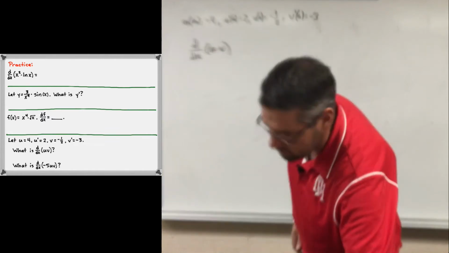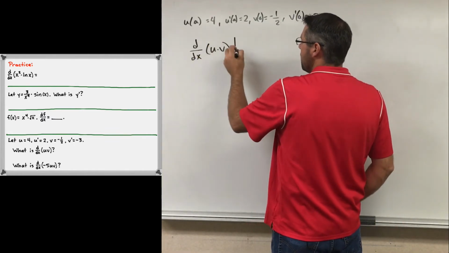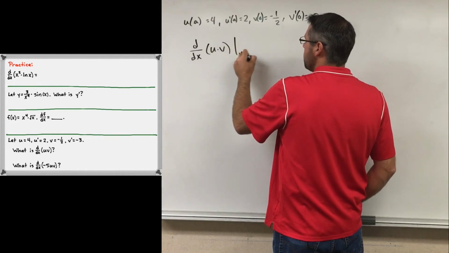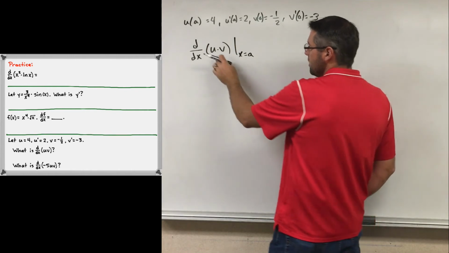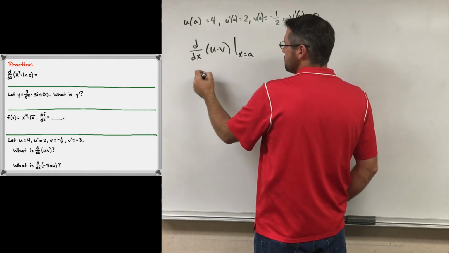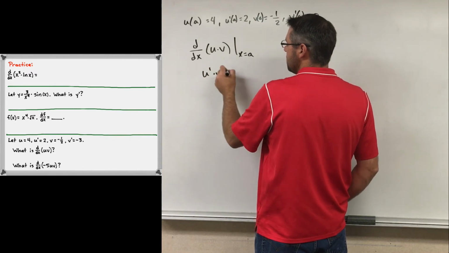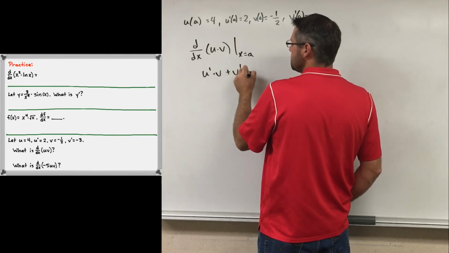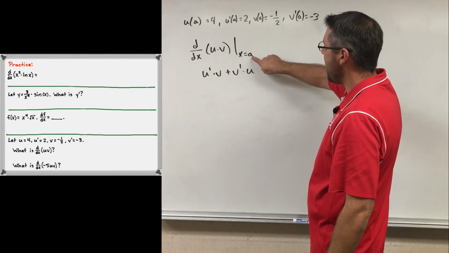And again, that's bad notation. I should say, what's the derivative of u times v when x equals a is really how I should be saying it here. But the bottom line is product rule here. So the derivative of this guy is going to be u prime times v plus v prime times u. And then from there, we're going to plug in what we know to evaluate at a.